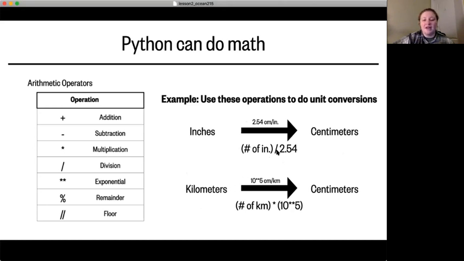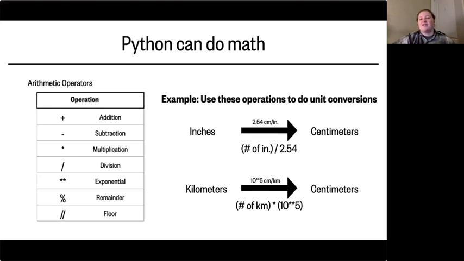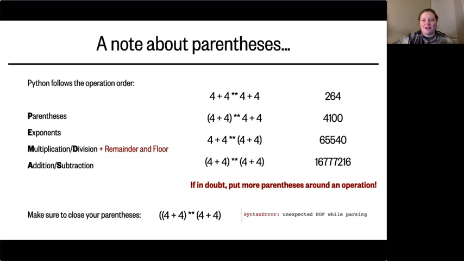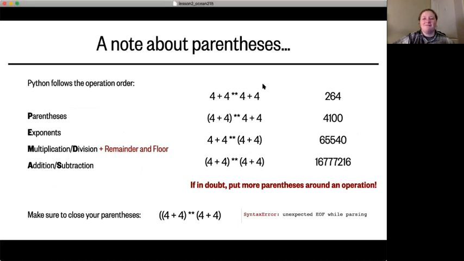Now, if you notice, I divide here and I multiply here, and that depends on the units of our conversion factor. And this is also to say that units are very important in what we do. So whenever you guys are doing homework or activities in class, we would like you guys to try and use units.